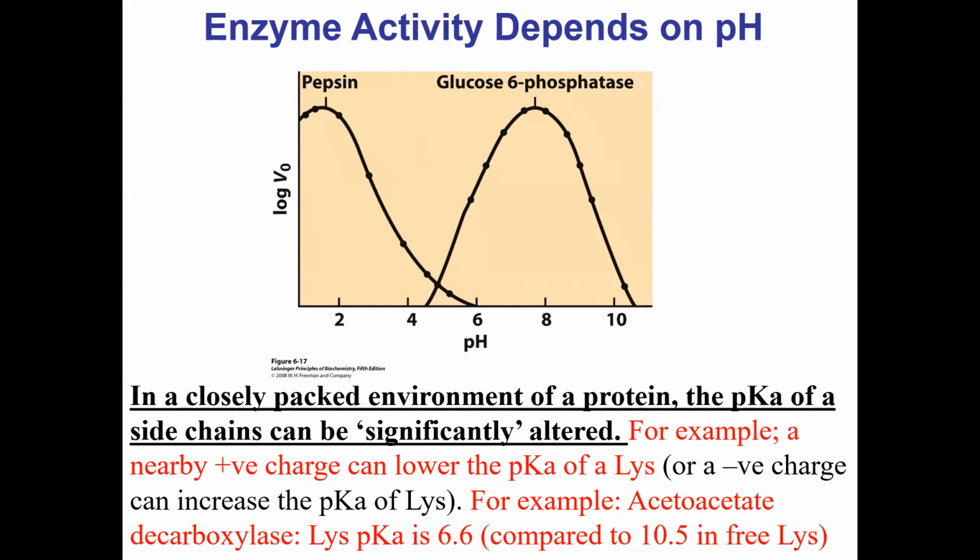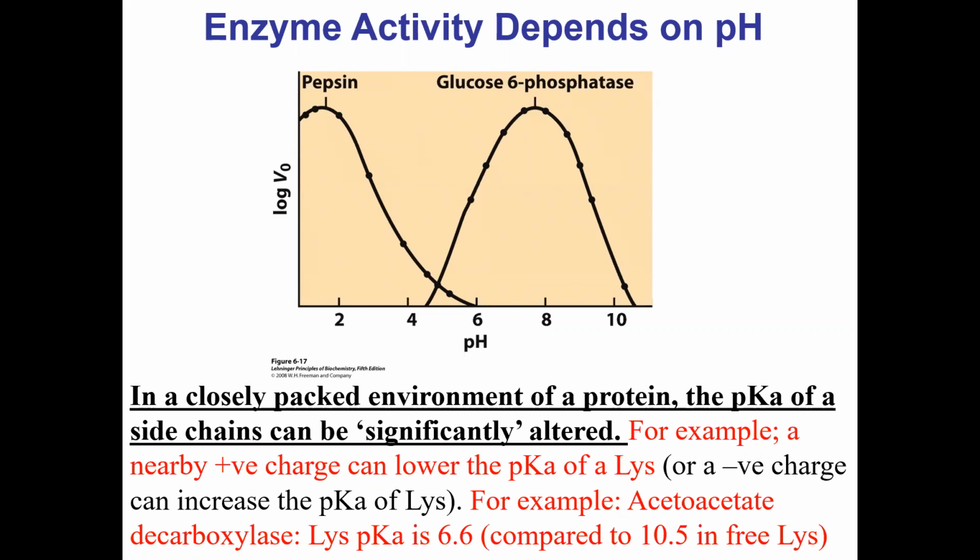Because if it lowers the pK of the other lysine, then the enzyme will exist in a form where one lysine will be protonated and the other one will not be protonated. And that will be a happy, more stable scenario for that enzyme, right? Having two positively charged groups nearby is not going to be very favorable.